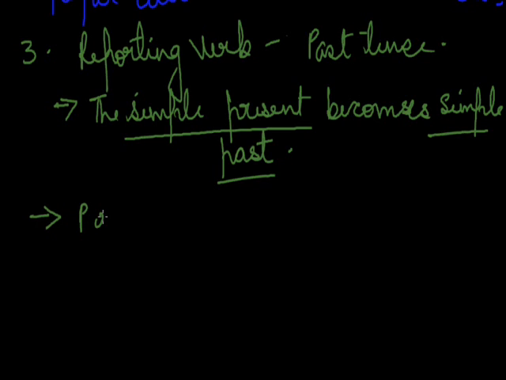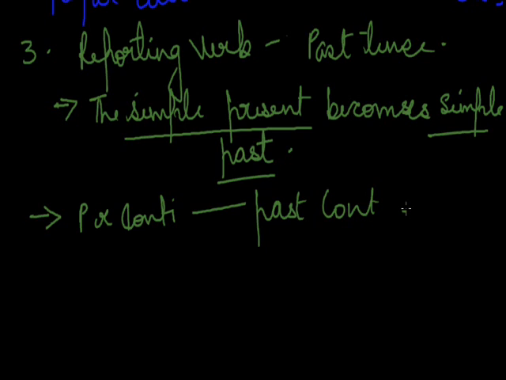Now if the sentence is in present continuous tense, then it will change into past continuous tense. For example, Shravan said, and the reporting verb is in past, so for sure we are going to convert the sentence.